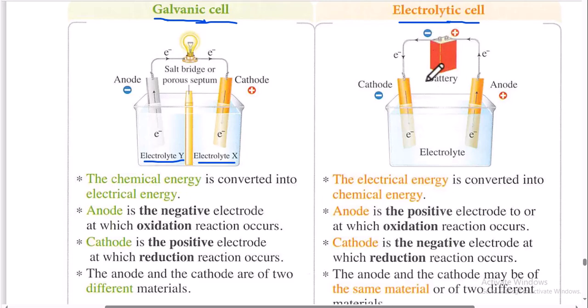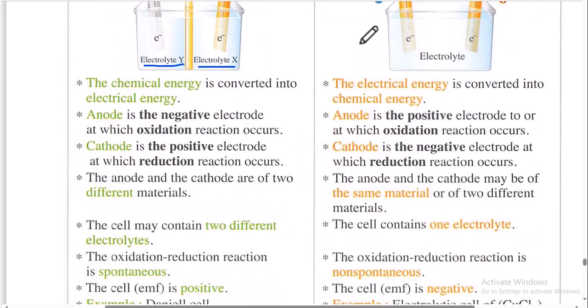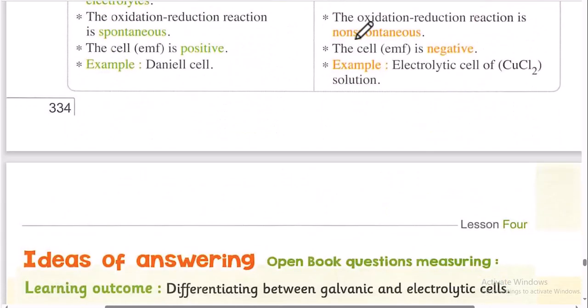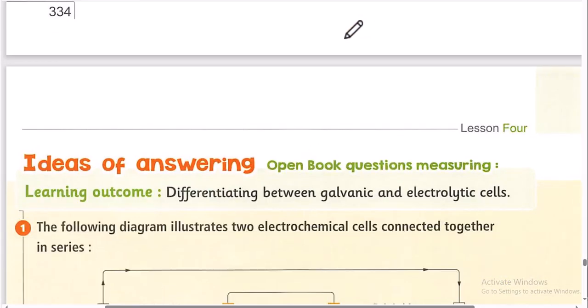The outer electric energy is used to produce chemical energy. As it is a non-spontaneous reaction that happens in the electrolytic cell, the electromotive force value is negative. Negative here means the oxidation reduction reaction is non-spontaneous. So this is the comparison between the electrolytic cell and the galvanic cell.